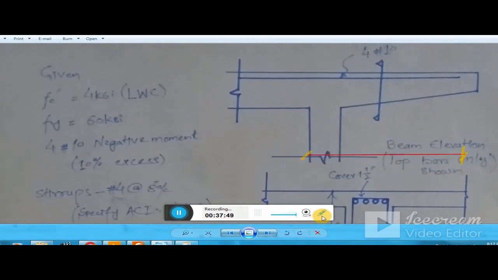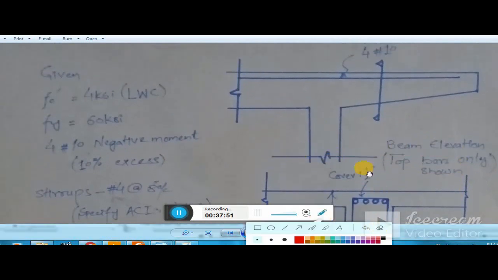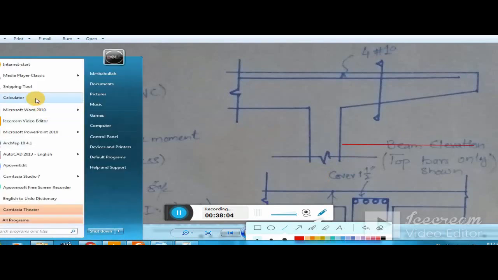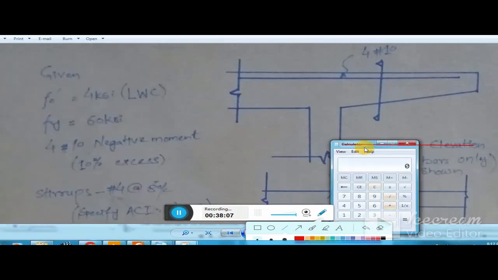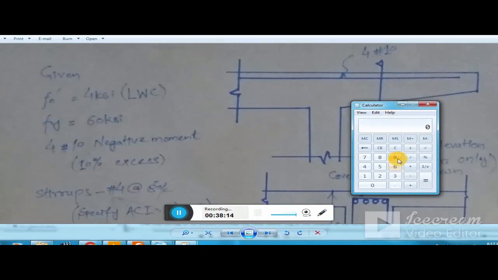Whenever we do the design, we must check how much this distance is and how much the development length we calculated. 92 inches is roundabout, if we calculate in feet, 92 divided by 12, you get 7.66, roundabout 8 feet.